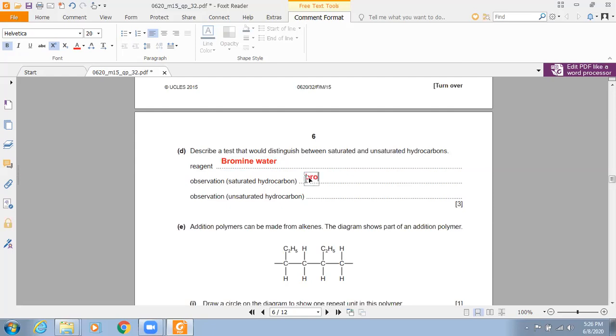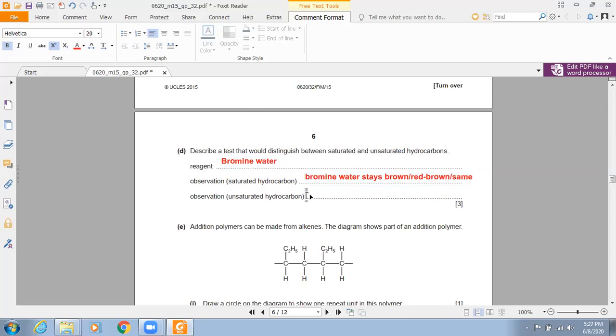So we can write that bromine water stays the same or stays brown, or red brown. If you write red brown, or if you write stays the same, no problem.